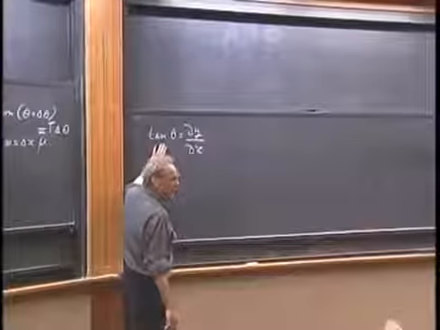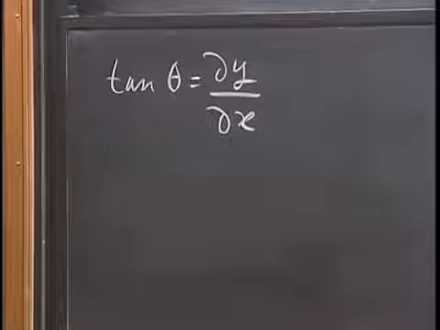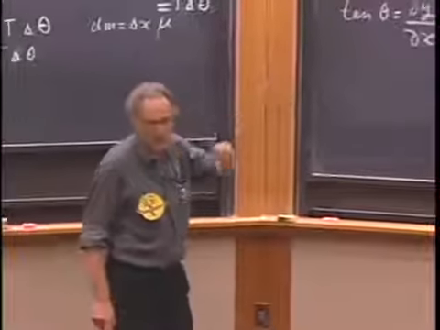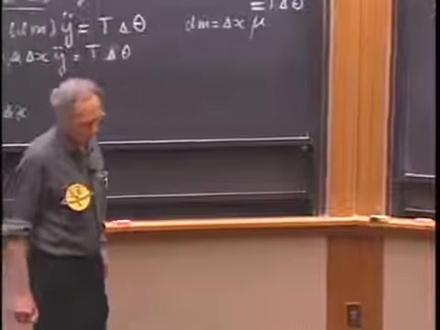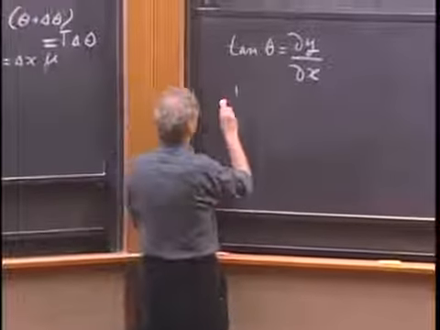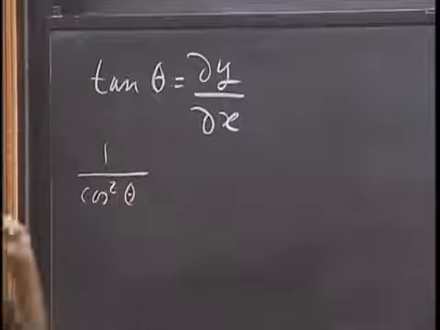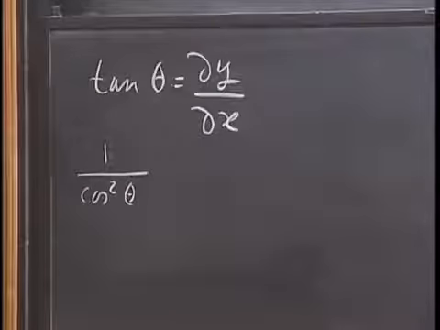I take the derivative on this side and on this side in x. So on the left side, I take d tangent theta/dx, and I do it on the right side. Now the derivative of the tangent of theta is 1 over the cosine squared of theta. That can't take you more than 20 seconds to confirm. You can do that in many different ways.